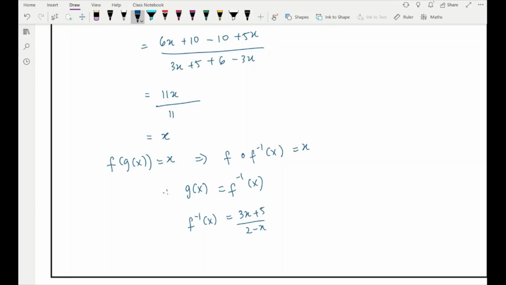So from this inverse, we must find the domain and range for question B. So how about the domain? The domain of f inverse is equal to all real numbers except 2.